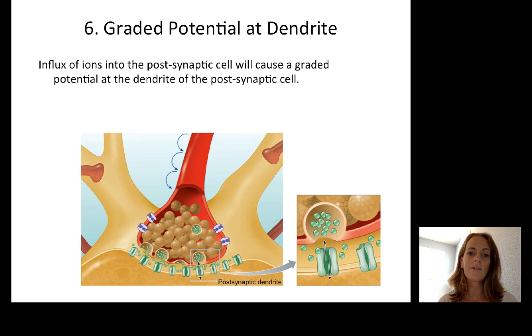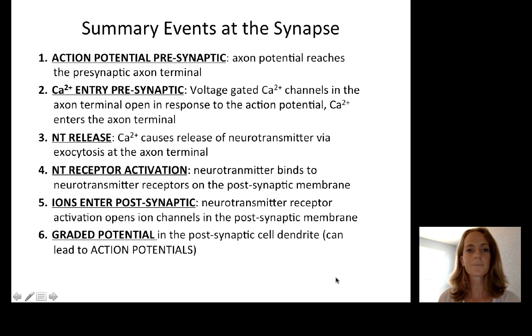This is a single tiny axon terminal in one part of the input to the next cell. So this little bit of neurotransmitter typically will only cause a small graded potential at the dendrite. So just a little bit of change. That's going to be a small local change in ion flow in the postsynaptic dendrite.